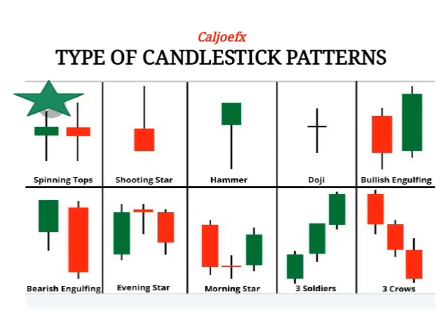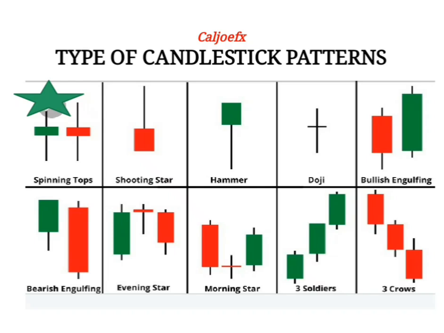So you need to understand what this means and how it can affect the market. What is the significance to the market? Now look at doji. You see that doji is something that you can see in the market.